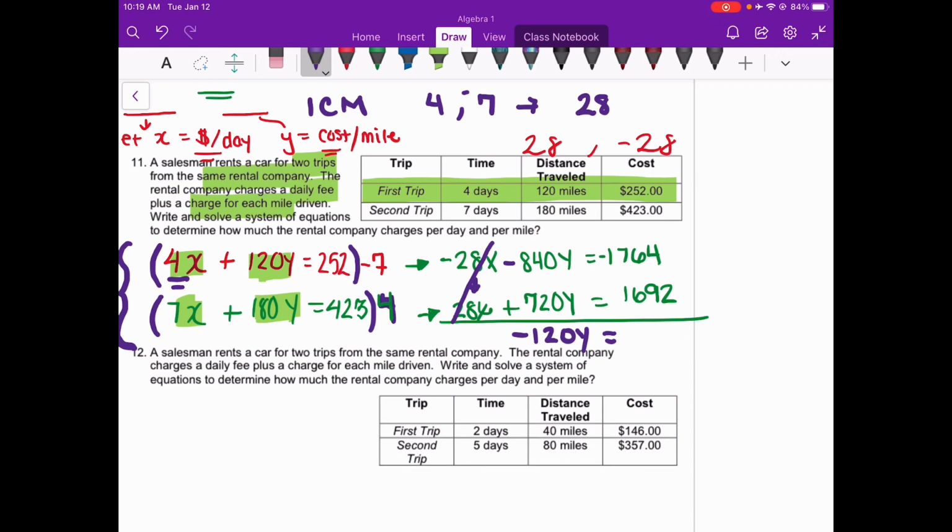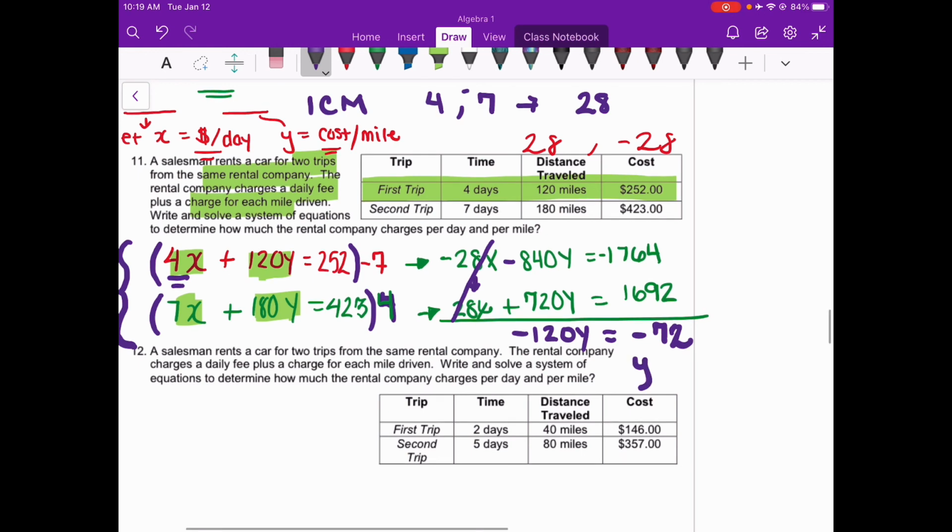You guys should and can be doing the same thing. 1692 plus negative 1764 will give us negative 72. And our last step here is to divide both sides by 120, and you will get a positive 0.6.